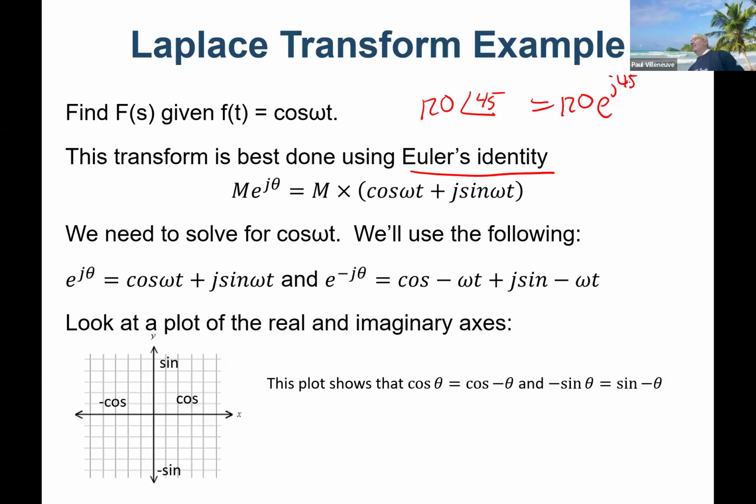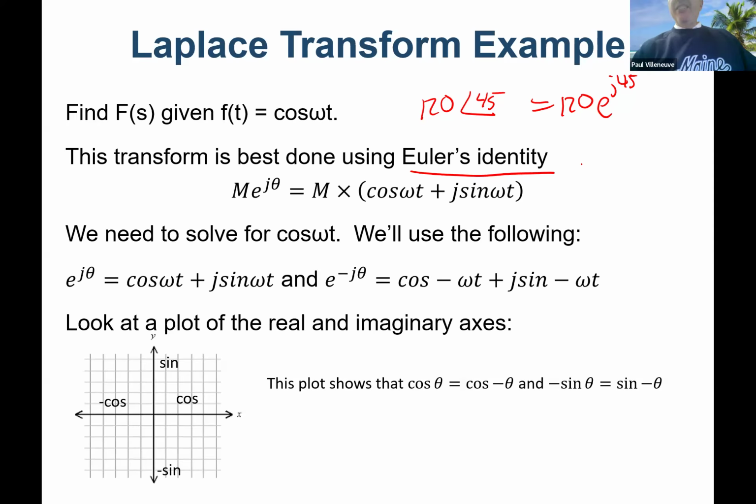Your calculator actually does that for you. When you work with polar numbers in AC circuits, they have magnitude and angle. That 120 e to the j 45 is written as polar.